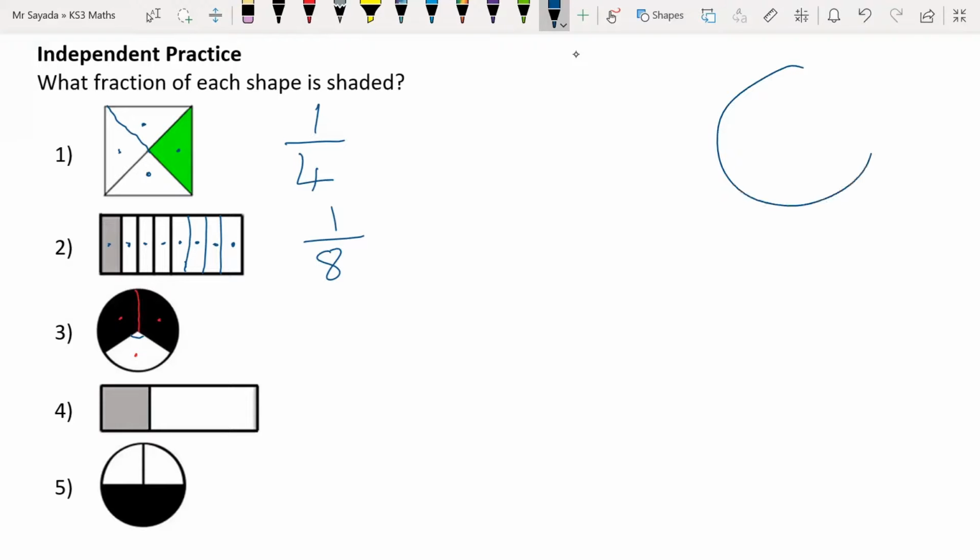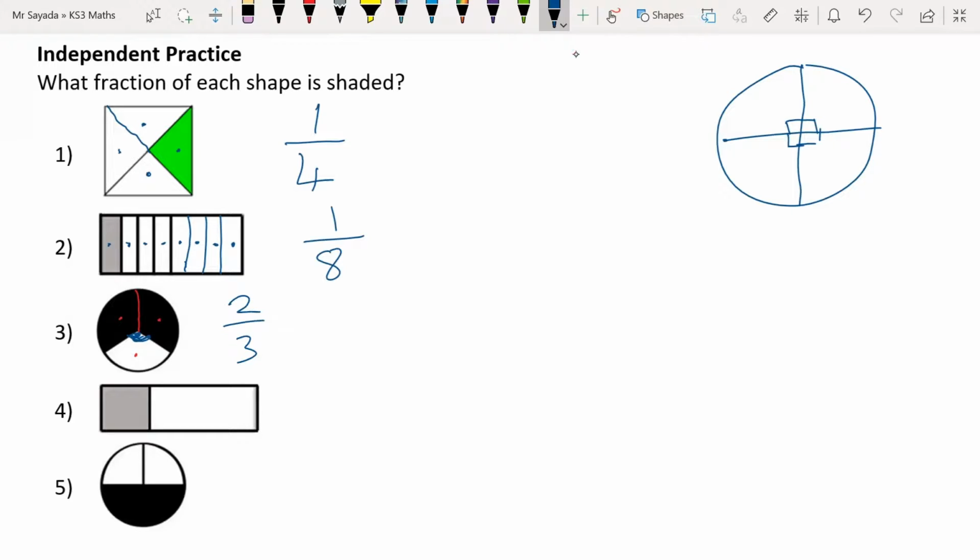If you split a circle into 4 equal parts, those 2 lines cross at right angles, so these would all be right angles. The fact that this angle over here is not a right angle shows me that it's bigger, so it's split into 3, not 4. And how many of those are shaded? 2. So the answer is 2 over 3.